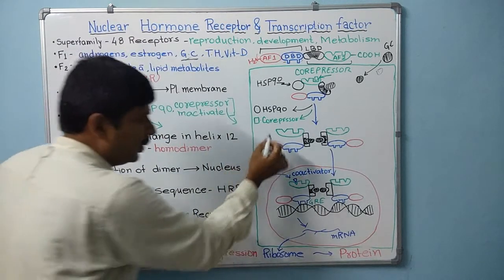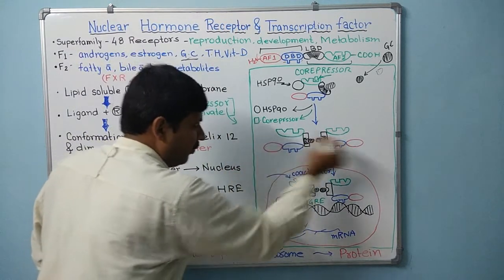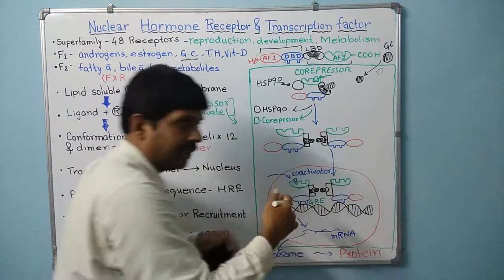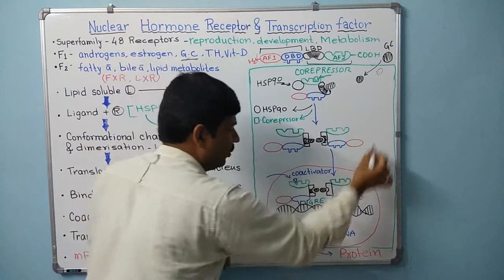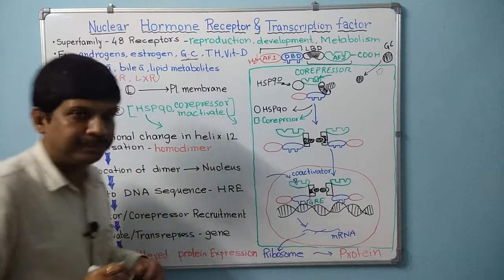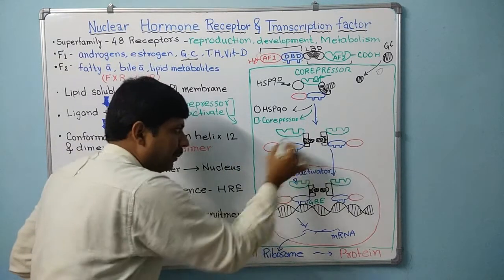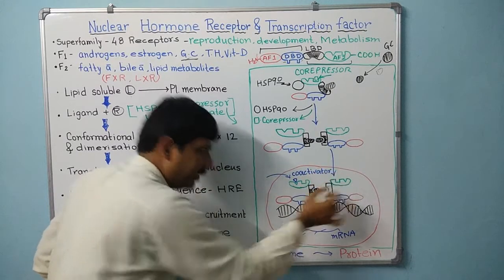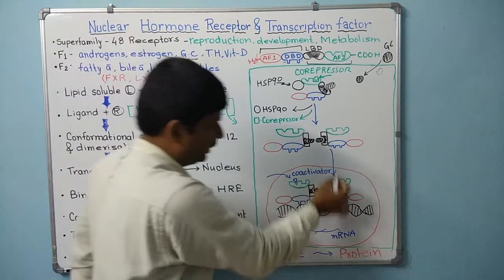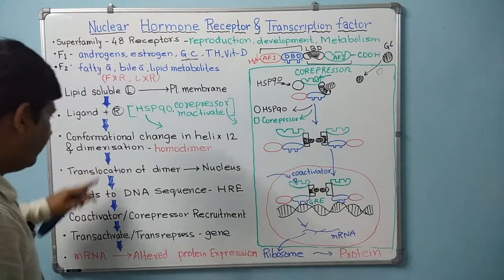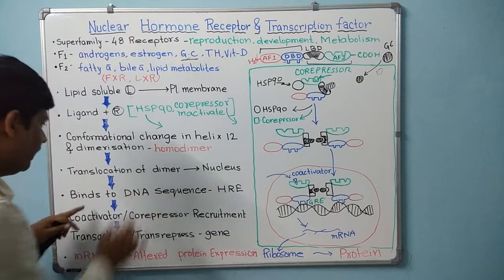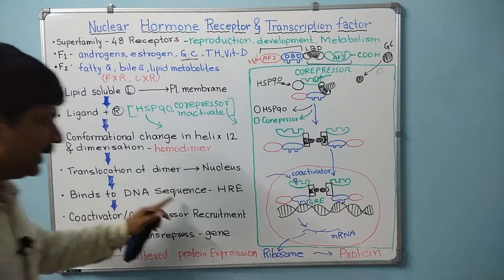So in this case, two such receptors will come and join with each other, forming a homodimer. So this particular complex is a homodimer. Now this homodimer translocates inside the nucleus. When it goes to the nucleus, it binds to the DNA sequence.